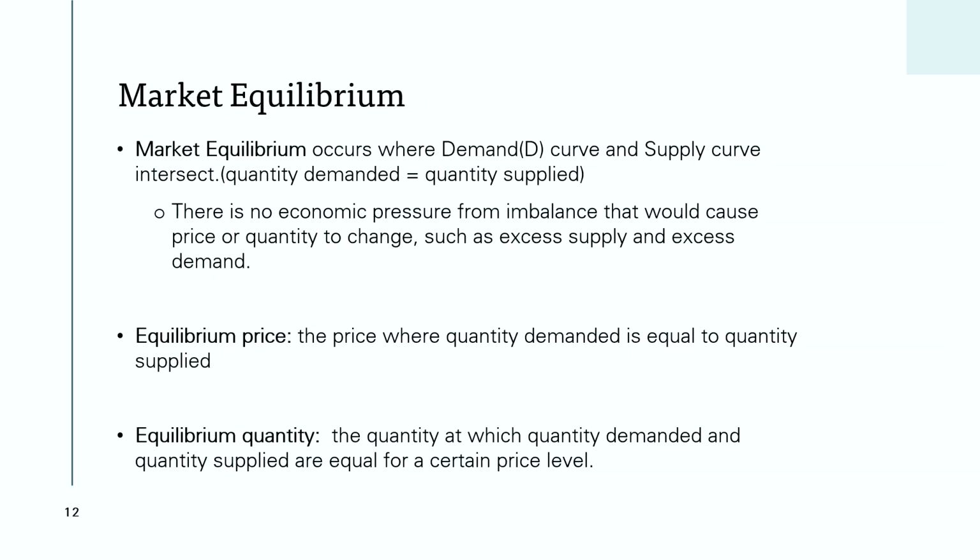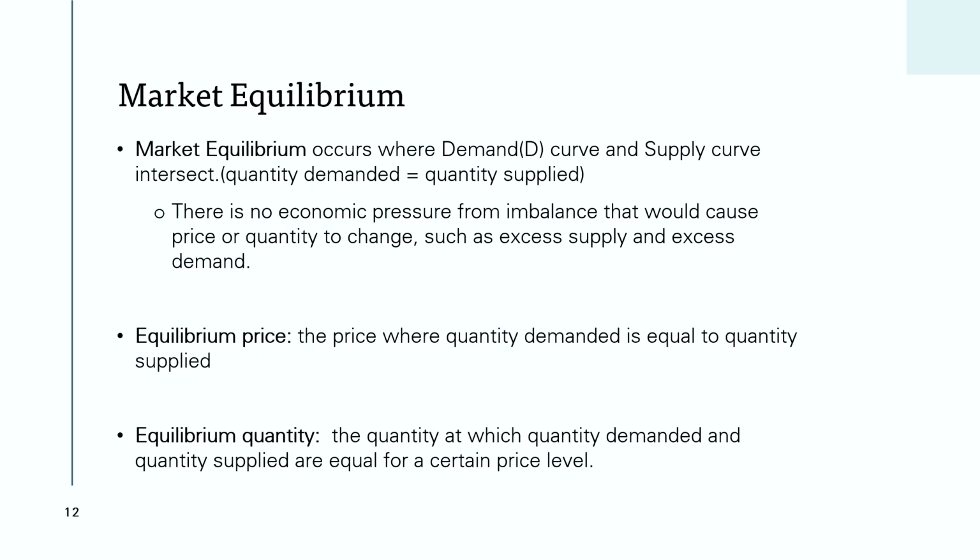Now we bring both sides together, demand and supply, to understand market equilibrium. Equilibrium occurs at the point where the demand curve and supply curve intersect. At this price, quantity demanded equals quantity supplied. There's no shortage and no surplus, which means buyers and sellers have no incentive to change their behavior.